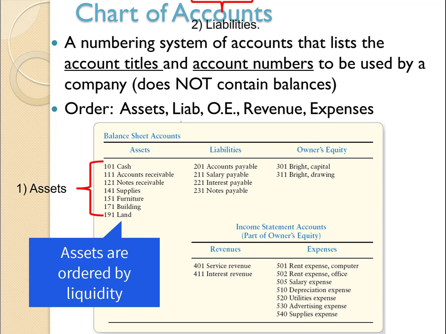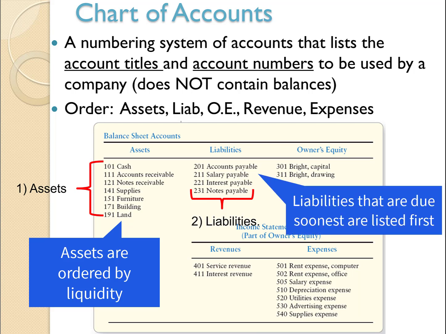After assets, we've got liabilities. Liability account numbers start with 200. Liabilities are listed in order by when they will need to be paid, with the liabilities due the soonest being listed first. Since accounts payable are usually due within 30 days, they're usually the first liability in the list.